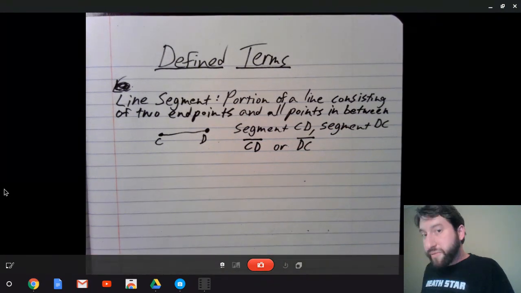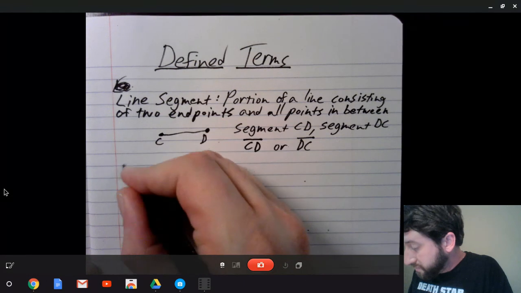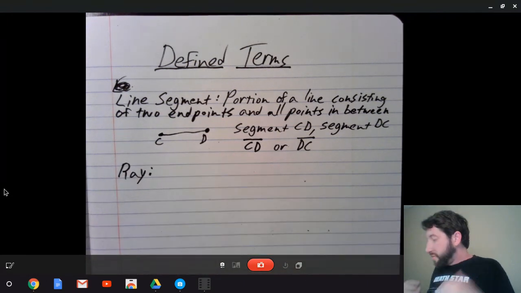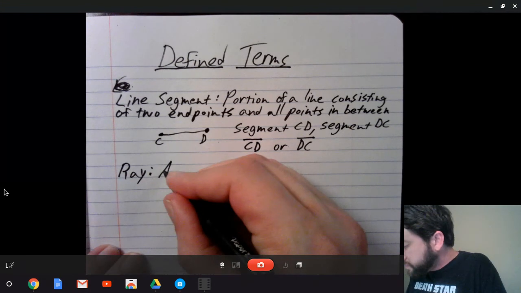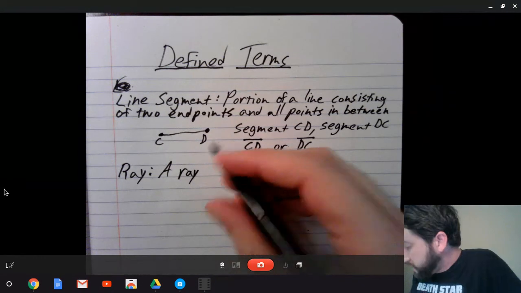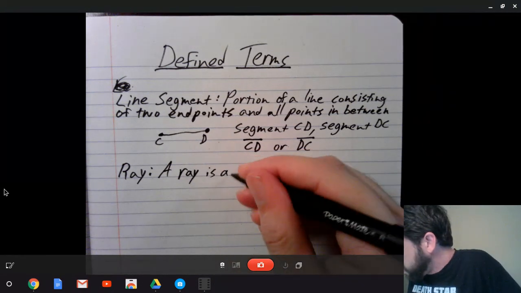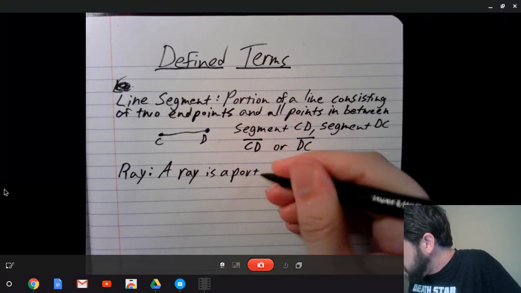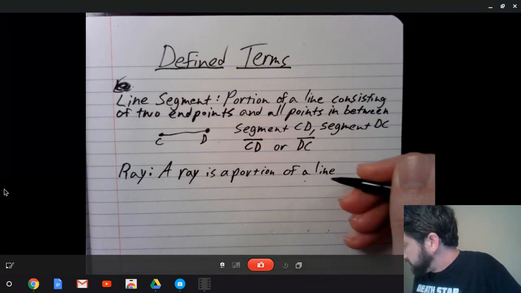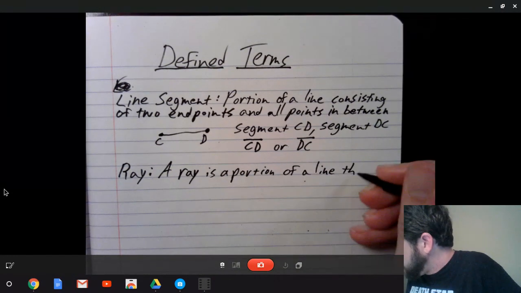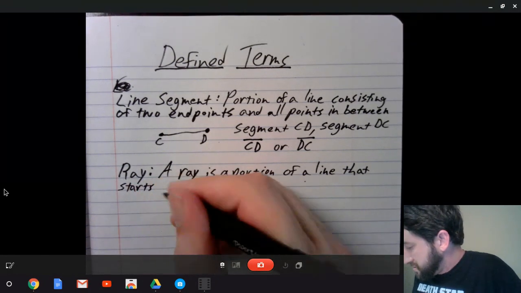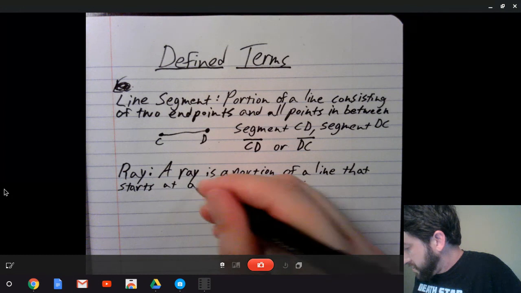Now there is something where the order does matter. It's called a ray. So let me put ray. So a ray is a portion of a line that starts at a point.